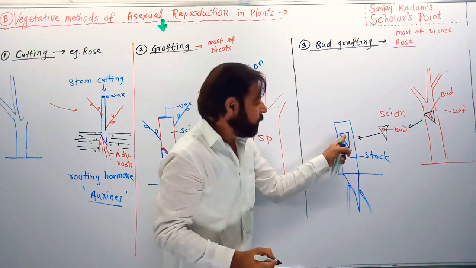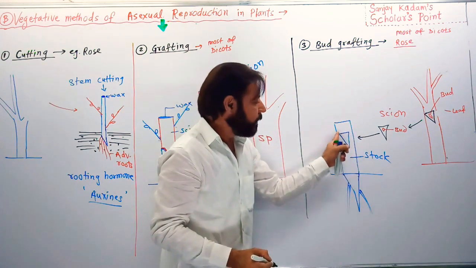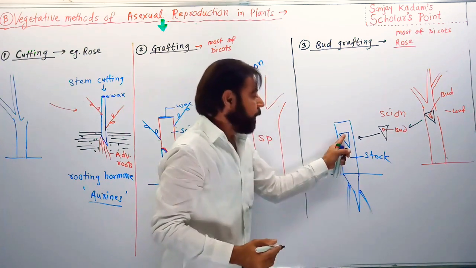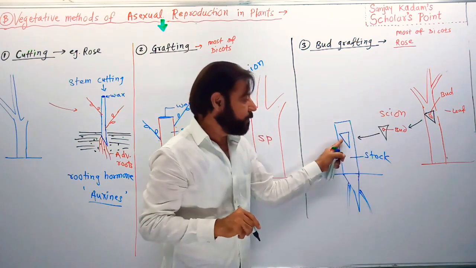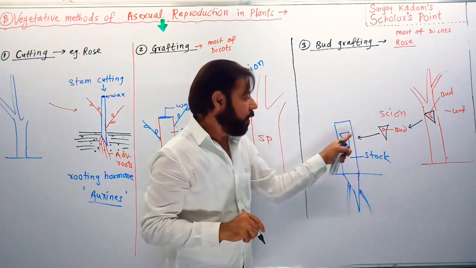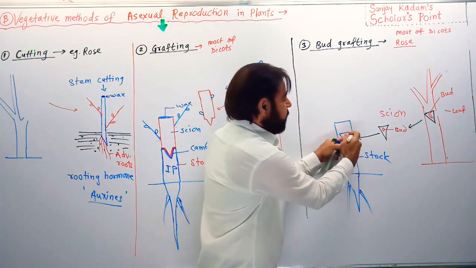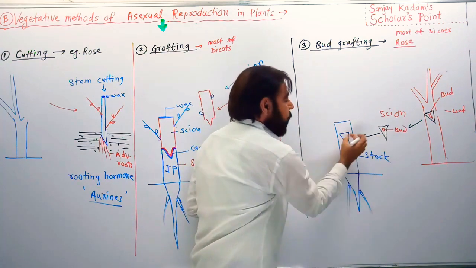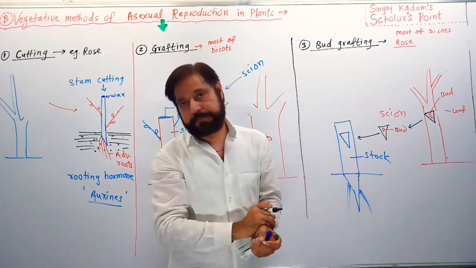This portion is introduced onto the stalk, where we first open the cambium of the stalk by taking a similar cut, somewhat triangular or T-shaped, at the same place and of the same size. This portion is made open so as to fit the scion onto the stalk.